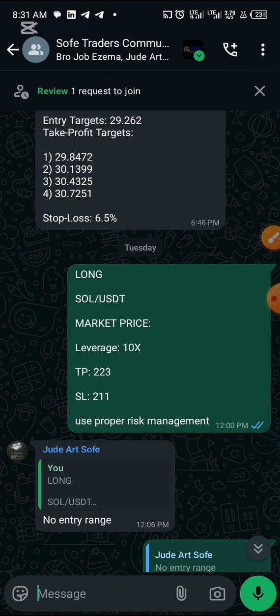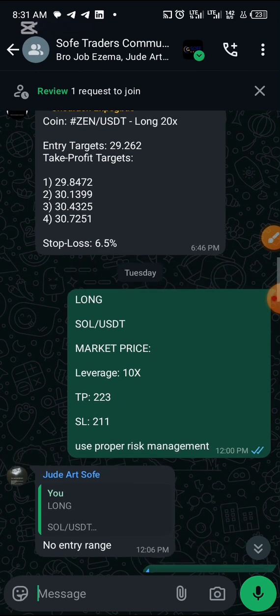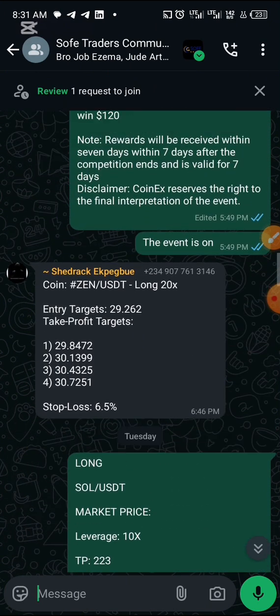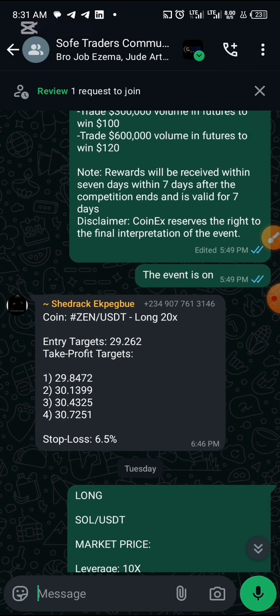But let's look for a pair that has a limit order. So this is Zen against USDT, long, 20x. Entry target is 29.262, profit targets 1, 2, 3 to 4.